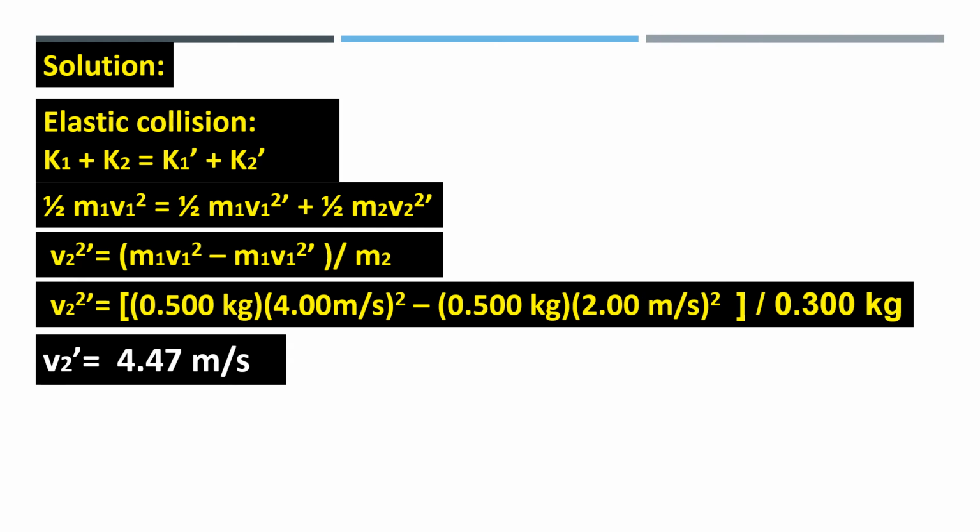As indicated earlier in the drawing, the direction of that V2 prime, 4.47 meters per second, is described by angle beta.